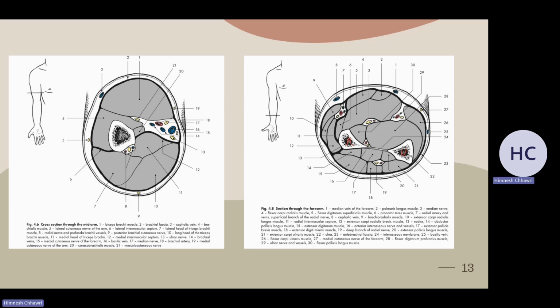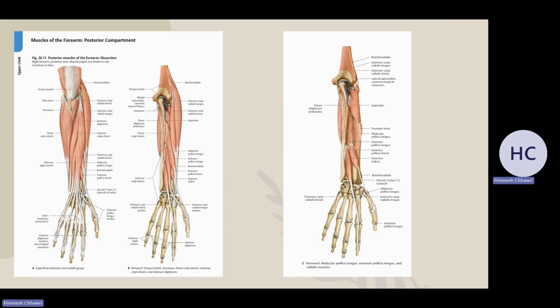They also help you with, so in finals, some professors might ask you the origin insertions of muscles on the bone. They'll give you the bone and then tell you, okay, tell me what muscles originate here and insert here. One thing that helps is this, and then another is drawings like these. You can see the origins here and then the insertions here.